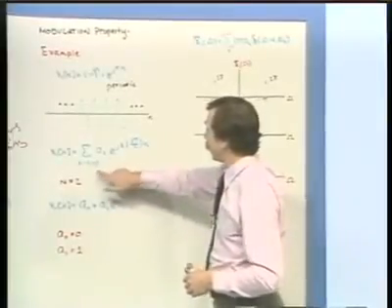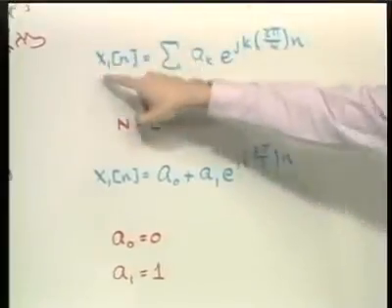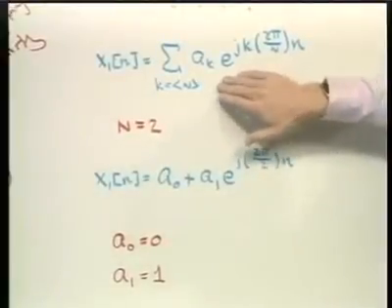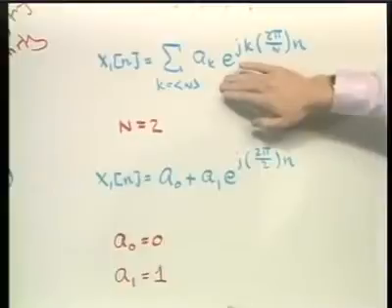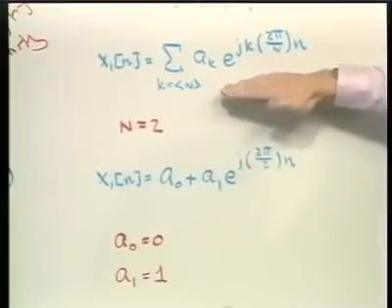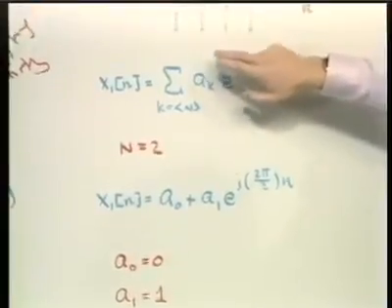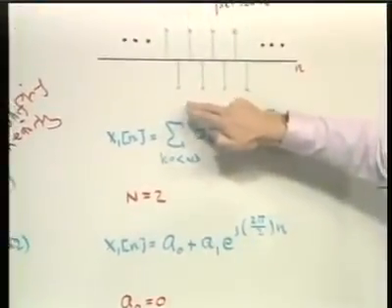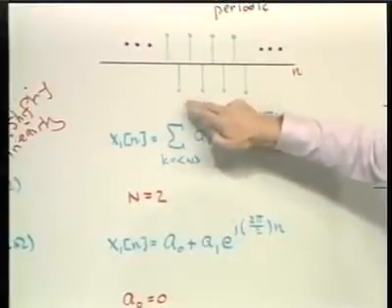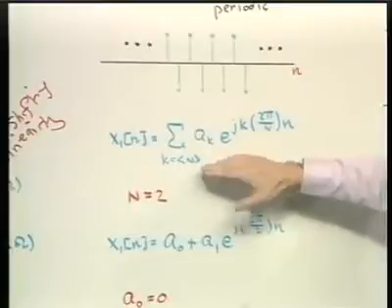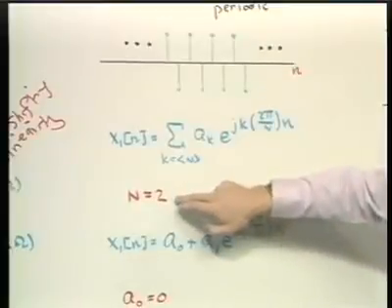Here is the general synthesis equation for the Fourier series. And if we take our particular example, where if we look back at the curve above, what we recognize is that the period is equal to 2, namely it repeats after 2 points, then capital N is equal to 2.